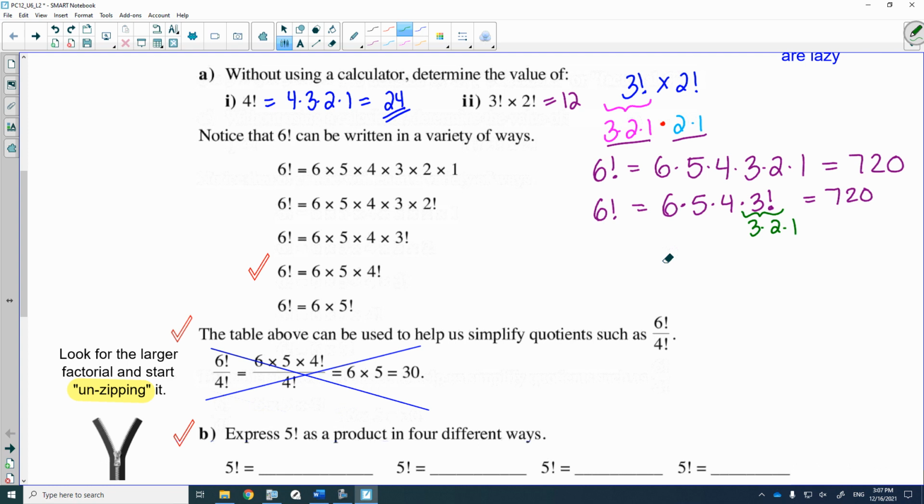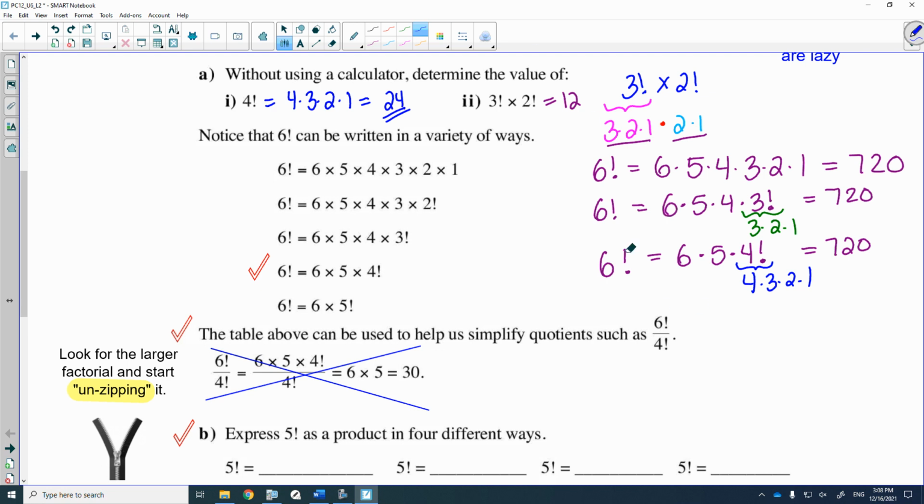Here's another way of writing 6 factorial. I could represent that as 6 times 5 times 4 factorial. That will give you an answer of 720. Again, the reason is 4 factorial is 4 times 3 times 2 times 1.